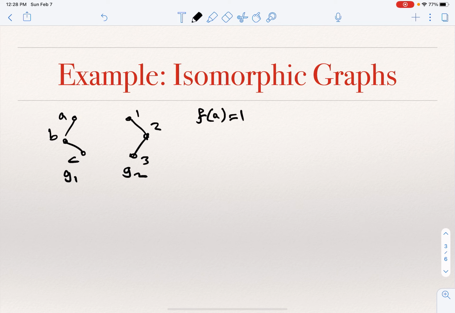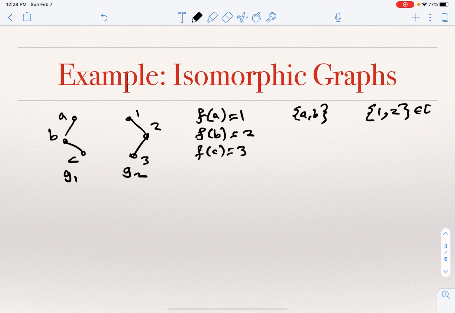I can map A to 1, I can map B to 2, and I can map C to 3. And if you check here, there is an edge AB in the first graph. Is there an edge between f of A and f of B? Yes, there is an edge: f of A is 1, f of B is 2, and there is an edge in E2 between 1 and 2, right?